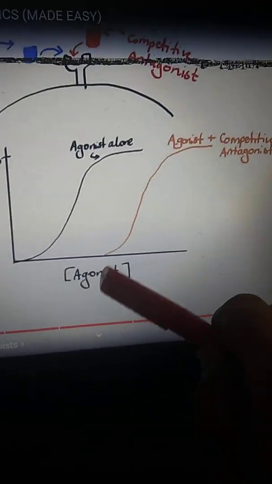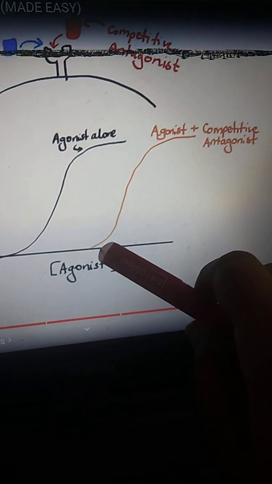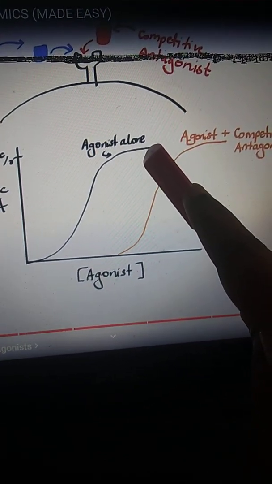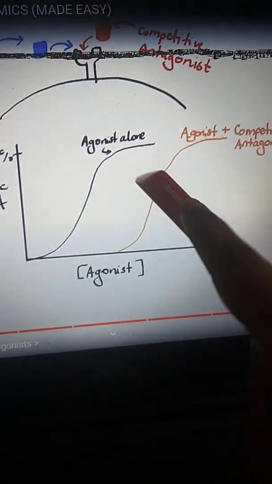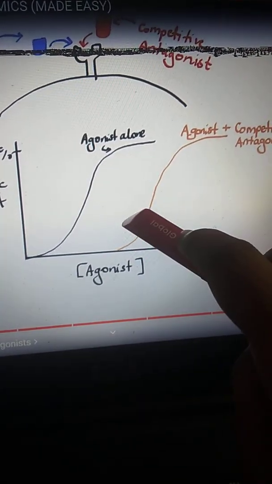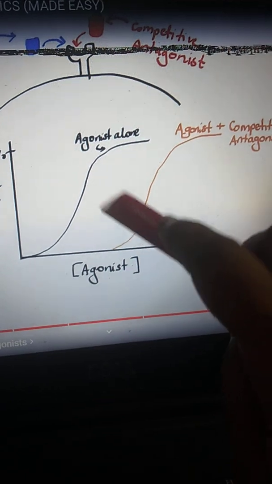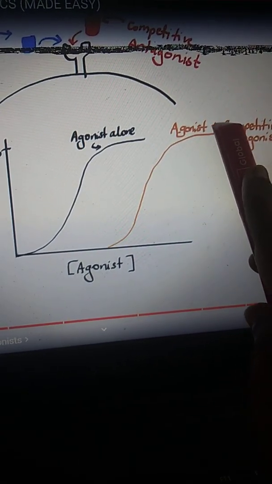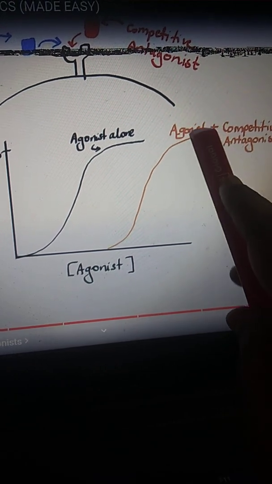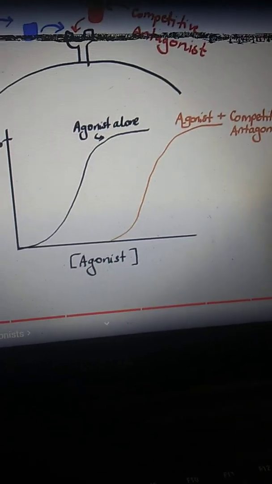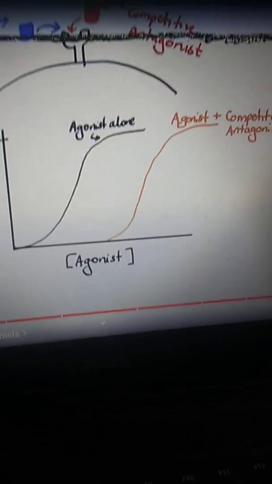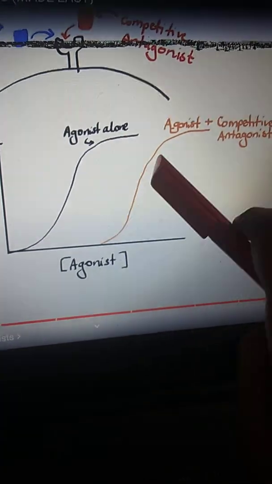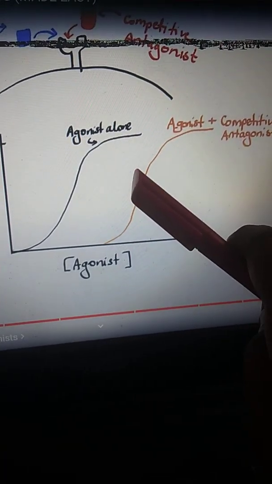Now a competitive antagonist will act on the same site and will reduce the potency of the drug, but our maximum biological effect will still be produced. So this is the difference between agonist and competitive antagonist.